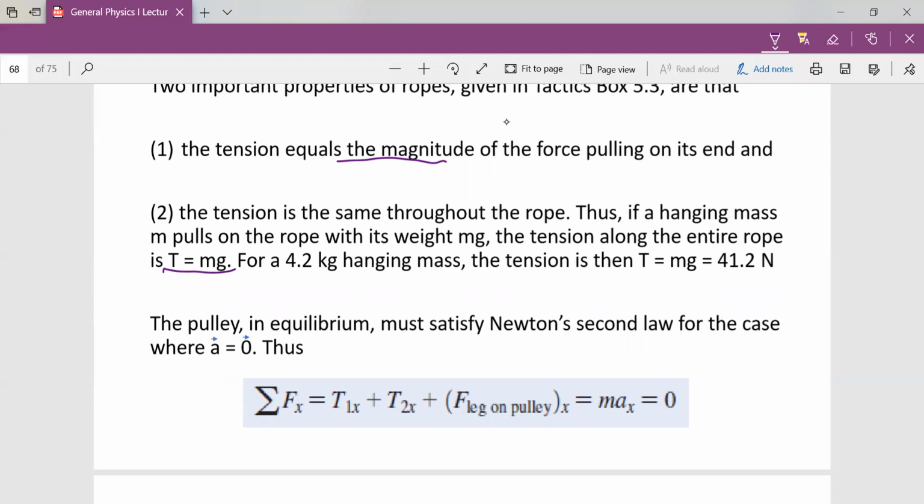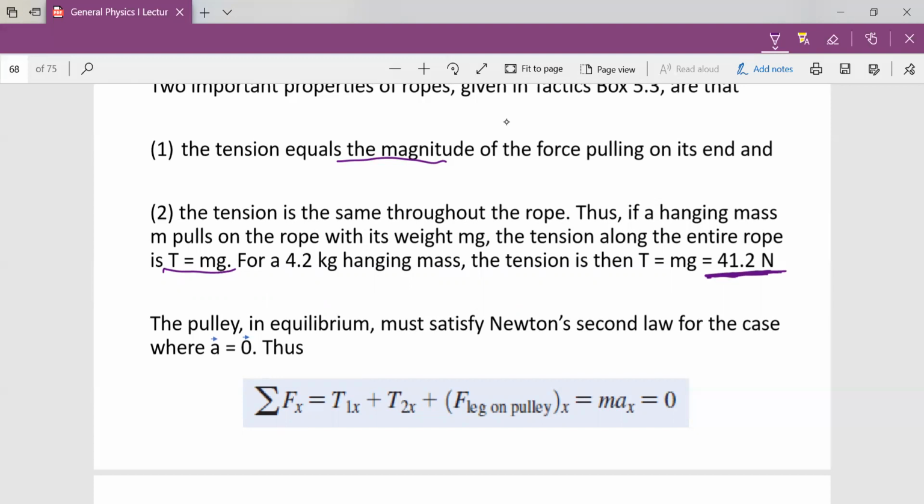So T equals mg, we know what g is. We use g to be 9.8 or 10 in some cases, which will be specified. So if we use g as 9.8, we'll see that the force of tension is 41.2 Newton.